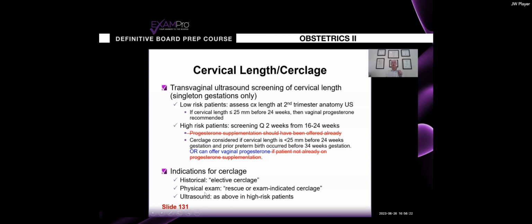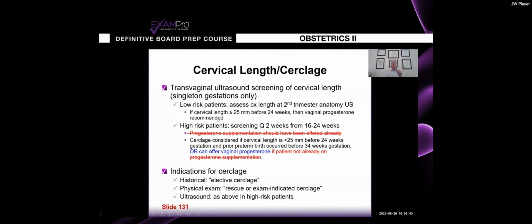And then you would do a cerclage in someone who has actually had a rescue or exam-indicated cerclage for a very high-risk situation like a dilation of the cervix, or an ultrasound-indicated cerclage in someone who had not been offered progesterone but was having significant cervical shortening.